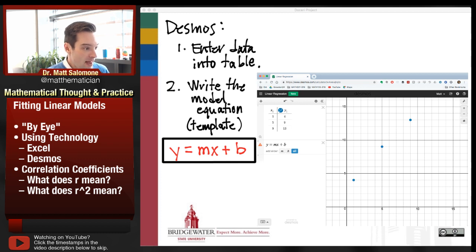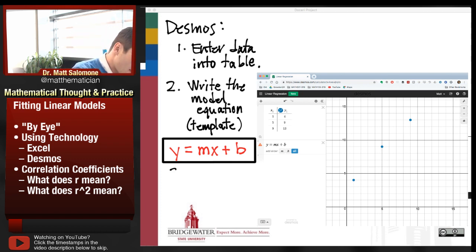So if I want that to happen, what I'll do then, in my third step, is I need to tell Desmos where the y's and x's are coming from. So replace x and y in the Desmos model equation with the names of the lists in the table that have that data.